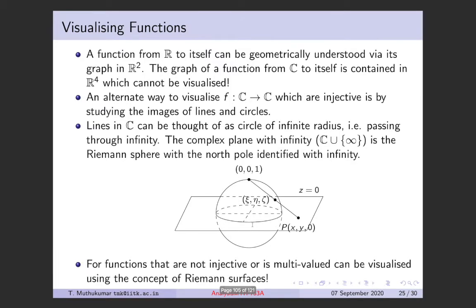And if you have a map which is not injective or if it's multi-valued, then these can be visualized using the concept of Riemann surfaces. Multi-valued functions naturally occur in the complex domain, and they are also useful. The way to understand a multi-valued function is to introduce a branch cut, and you restrict your function to some region between branch cuts, and there the function will turn out to be single valued.